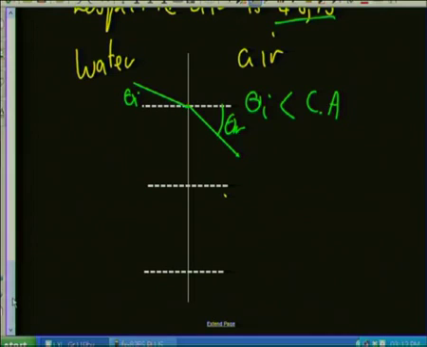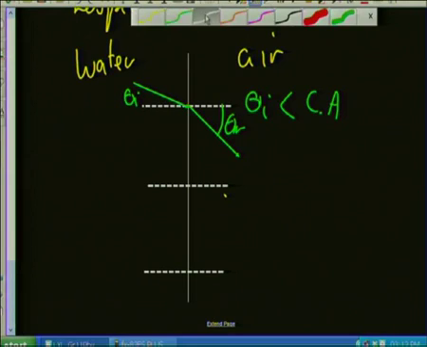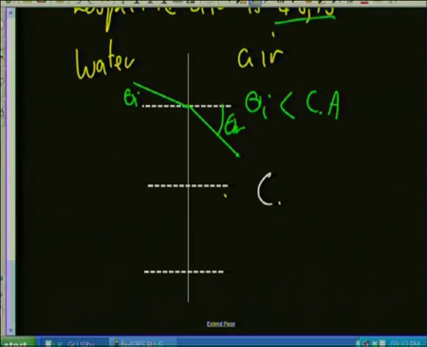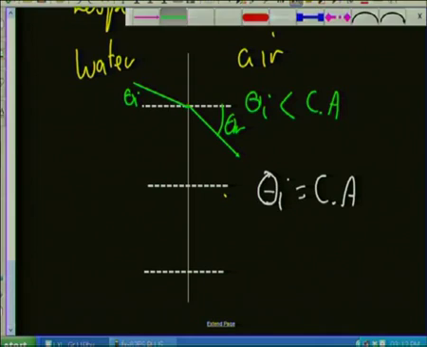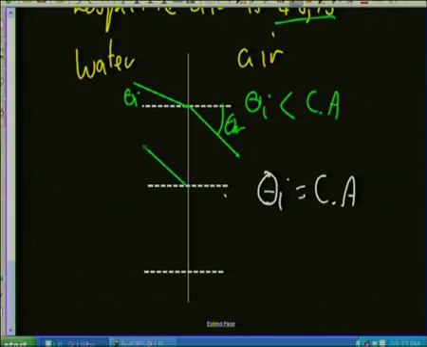Now, if it was equal to the critical angle, we've already shown this case here. If the angle of incidence in the water is equal to the critical angle, then what are we going to get? Well, it's not difficult to see. We're going to get that the angle of refraction is going to be 90 degrees.